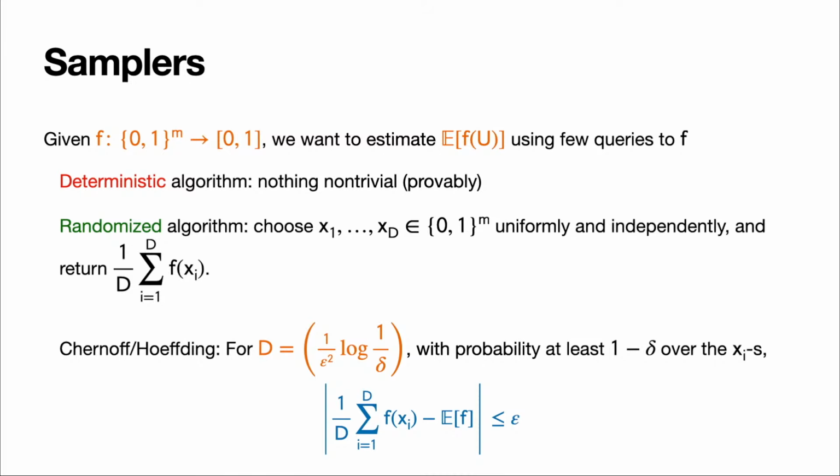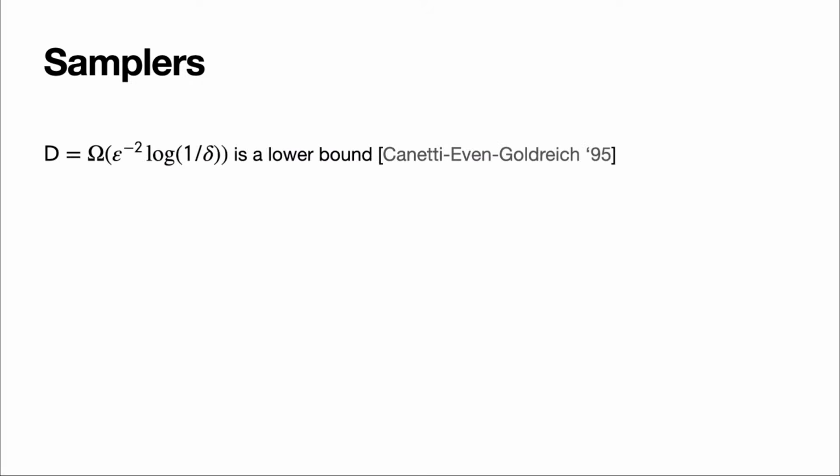And sure enough, Hoeffding tells us that this D is what you should take if you want to epsilon-approximate the expectation additively with probability at least 1 minus delta. This is what you would do. And we want to abstract this phenomenon.